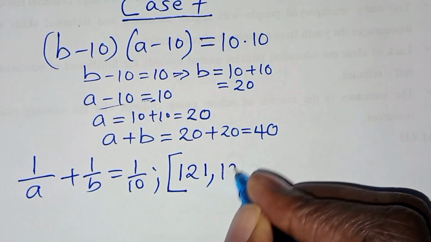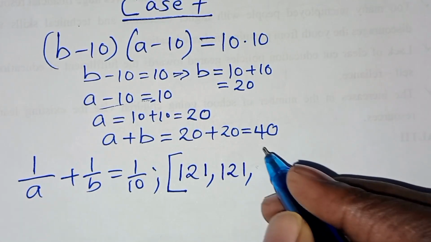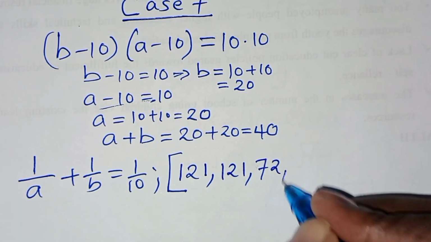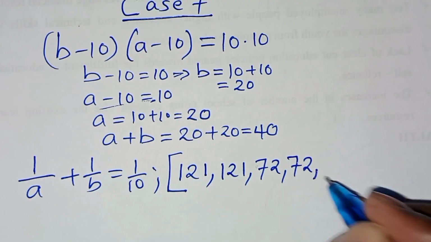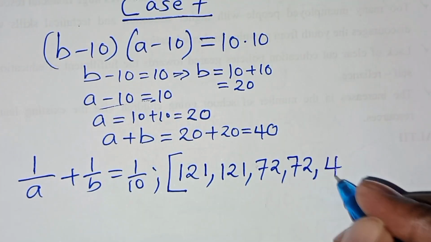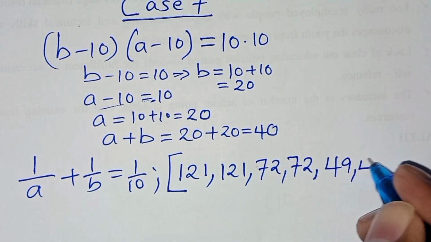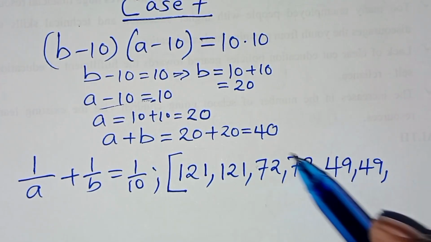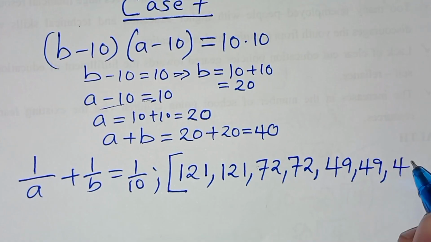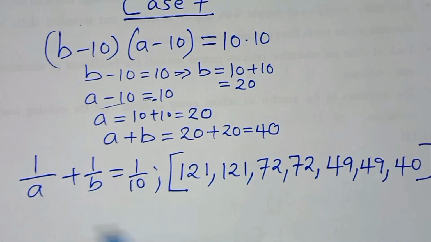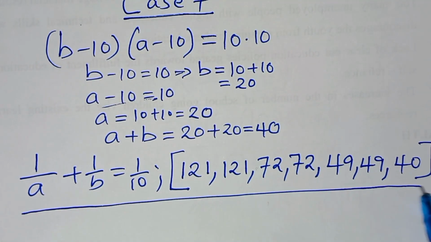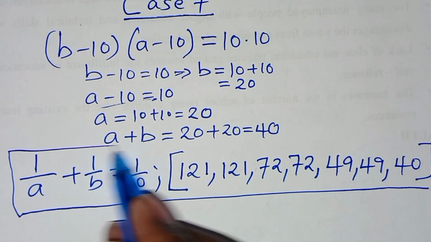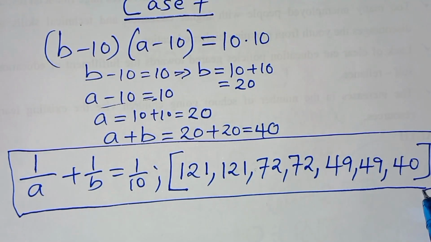We have 121, we have 72, 72, we have 49, 49 for the 6 cases, and for case 7 here, we have 40. So this is the solution to this algebra problem.